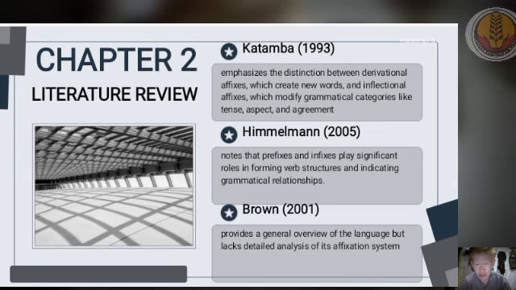The second, Himalayan, 2005, notes that prefixes and infixes play significant roles in forming verb structure and indicating grammatical relationship. And the last, Brown, 2001, provides a general overview of the language but lacks detailed analysis of its affixation system.